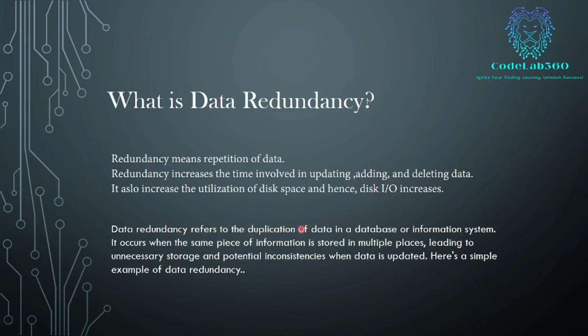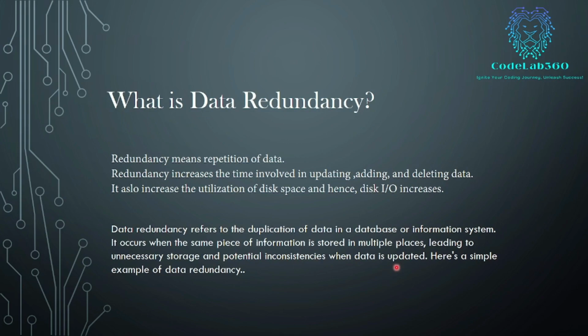It occurs when the same piece of information is stored in multiple places, leading to unnecessary storage and potential inconsistency when data is updated. Here is a simple example of data redundancy. It is the same as what we saw: when the same piece of information appears multiple times in multiple places, it increases unnecessary storage, and increases data updating time and deleting time.